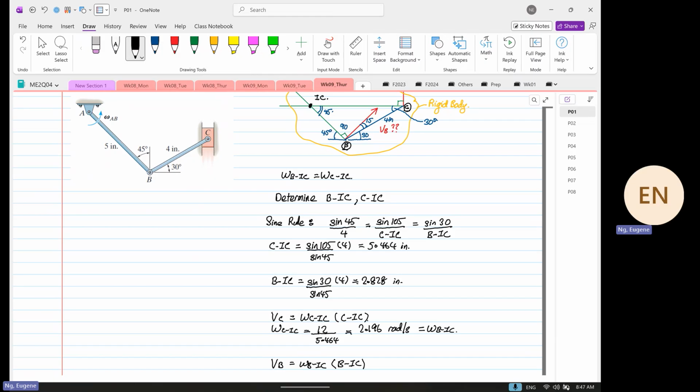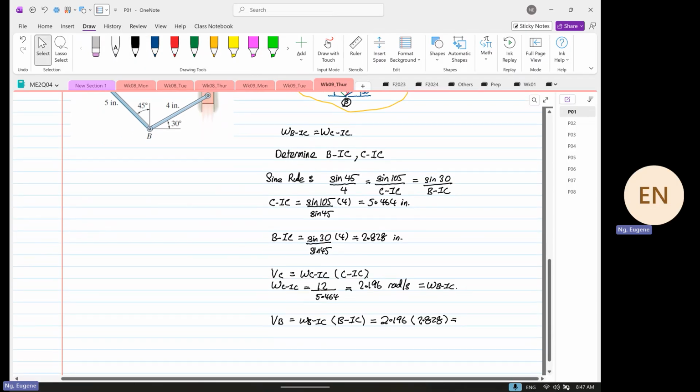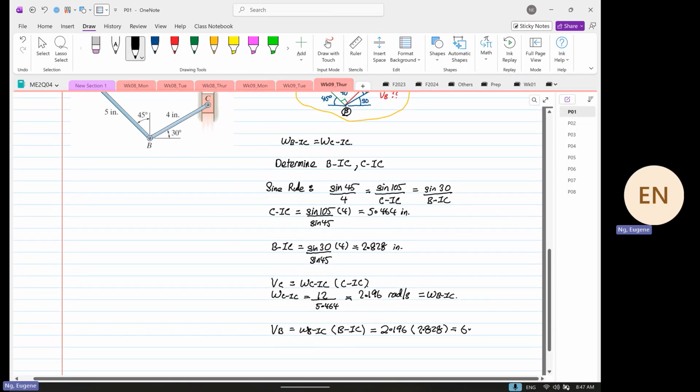So this will be equal to 2.196 multiplied by B to IC, which is 2.828. So 2.196 times 2.828 is equal to 6.21 inches per second.